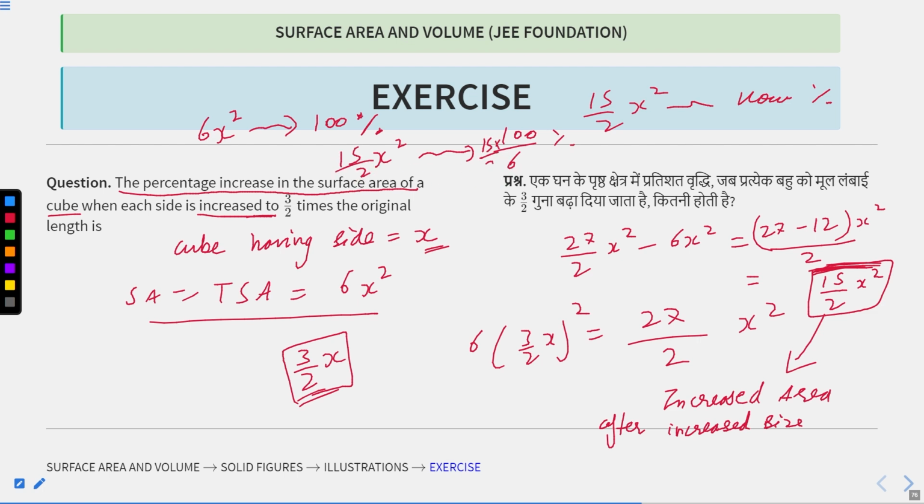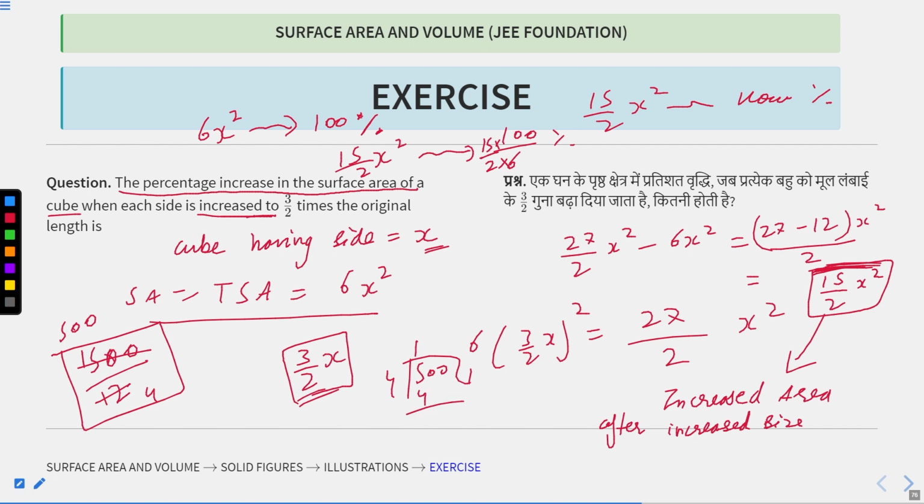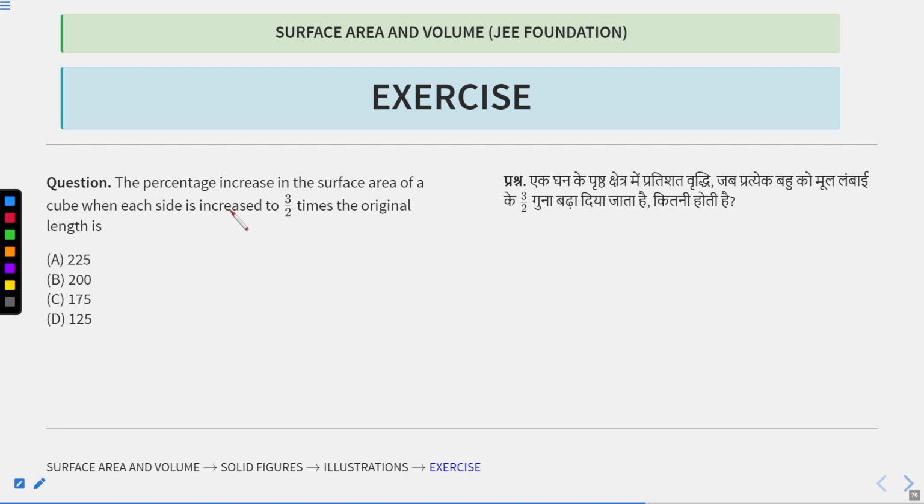I will get 15 times 100, which is 1500, divided by 12, and by evaluating it, I'll get my answer. Now 500 by 4 is, I think, 125. Let me do it. So 125 is my answer. So 125 percent is increased.